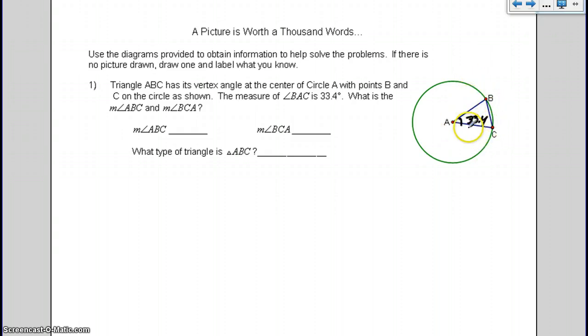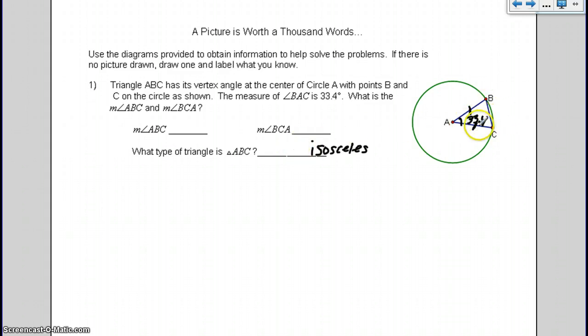What's important to see is that A to C is the radius of the circle, right? A to B is also the radius of the circle, so they're the same. If I have two sides the same, I know I have an isosceles triangle.